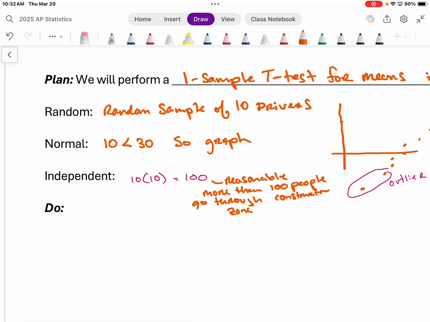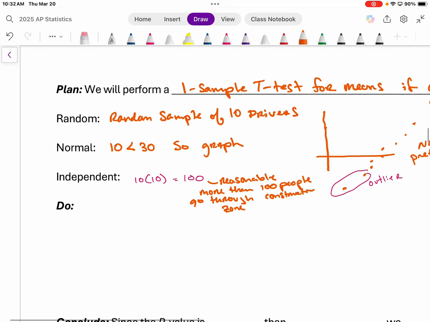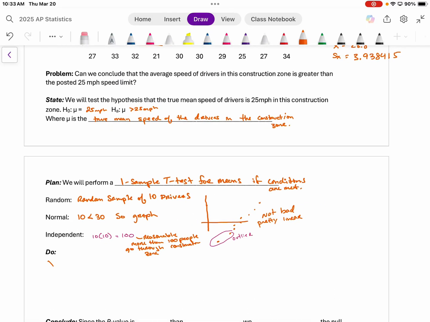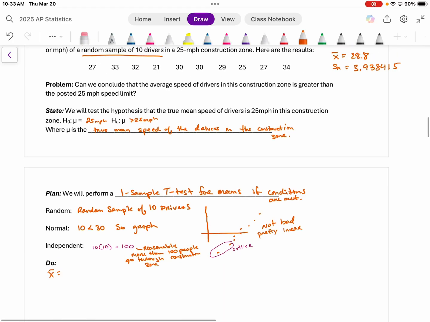So now, our do stage. We do have, again, as I shrink in here, grab my numbers here again, my X bar, I said was 28.8. My S sub X is equal to 3.938415. Okay. And so I need to calculate what my T-stat is.